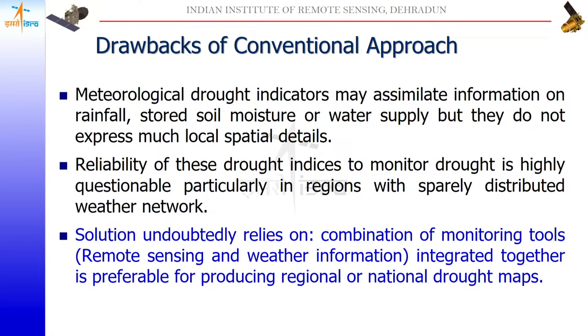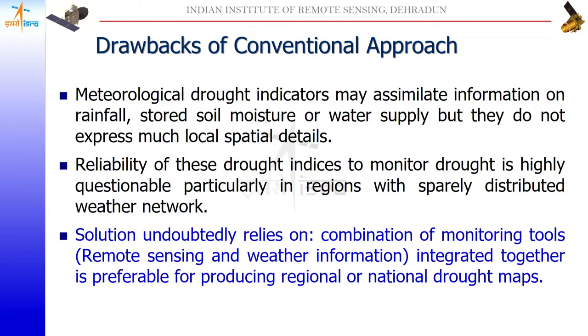So if we define meteorological drought using that information, it does not give significant information for the particular area or location. In this context, the solution undoubtedly relies on a combination of monitoring tools as well as ground information.